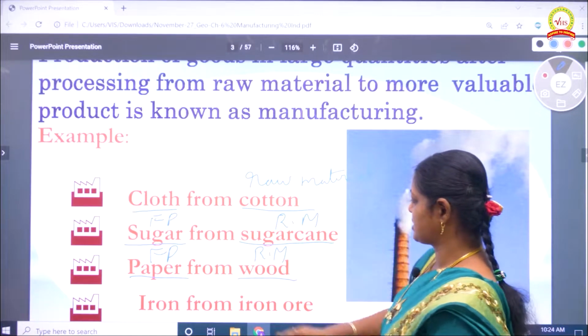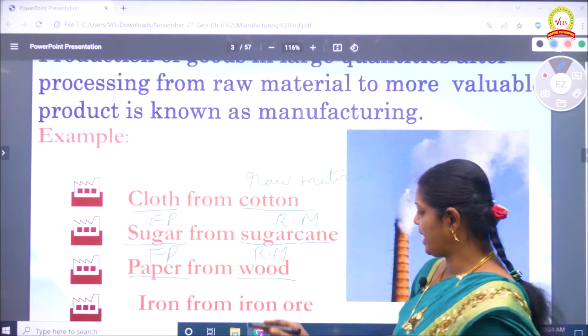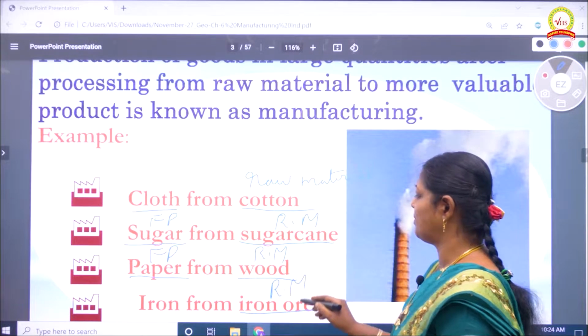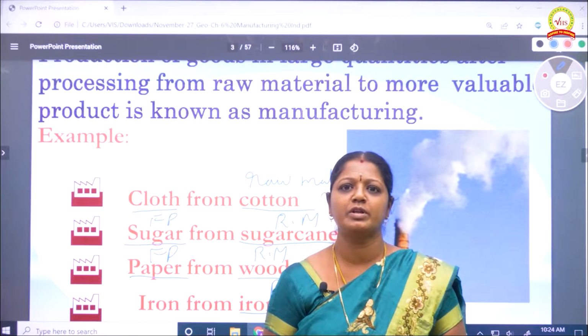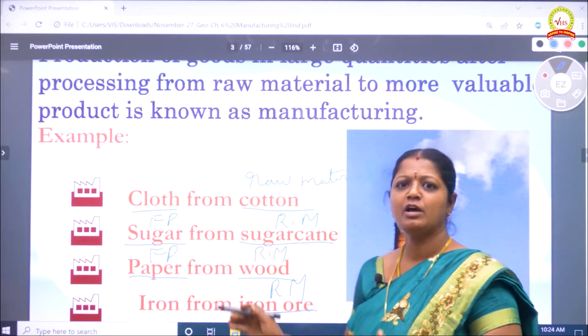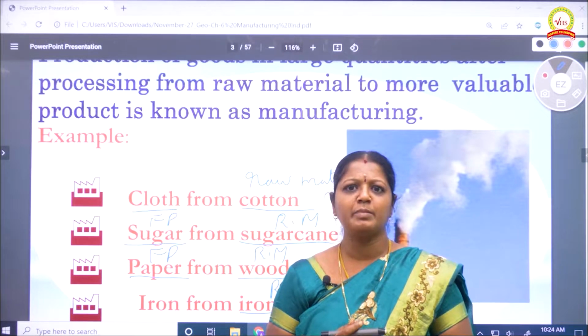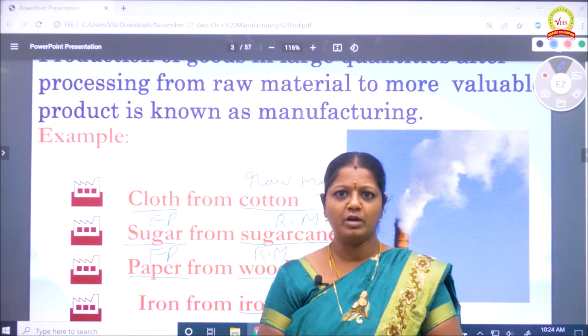Next let us see iron from the iron ore. Here iron ore is a raw material, and you people know well about mining. How is the iron ore obtained? The iron ore is obtained from mining, and many people are involved in mining as you know.